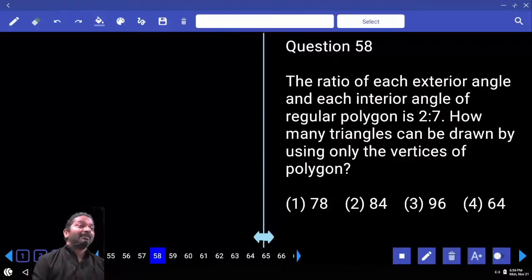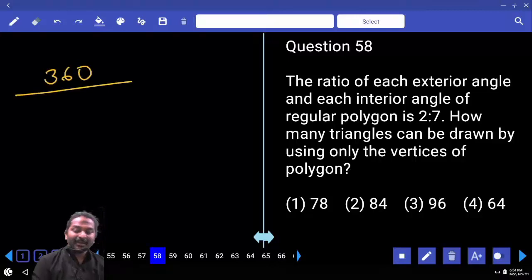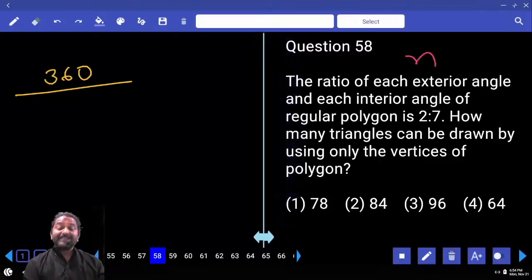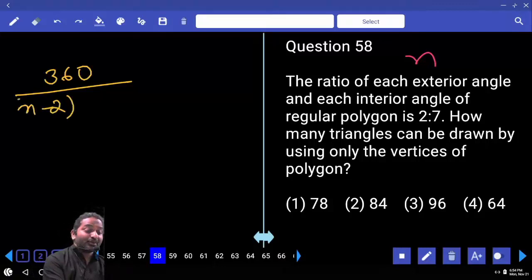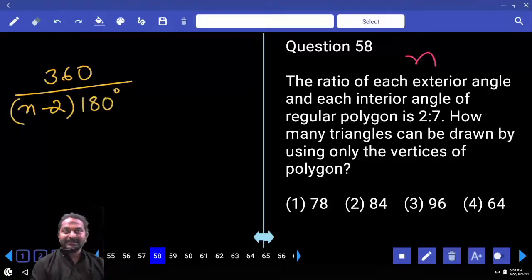For any polygon, what must be the exterior angle? Okay. And if there are n vertices or n sides, what becomes the sum of interior angles? N minus 2 into 180 degrees. Sum of internal angle, that's the formula, right? N minus 2 into 180. Triangle how much?